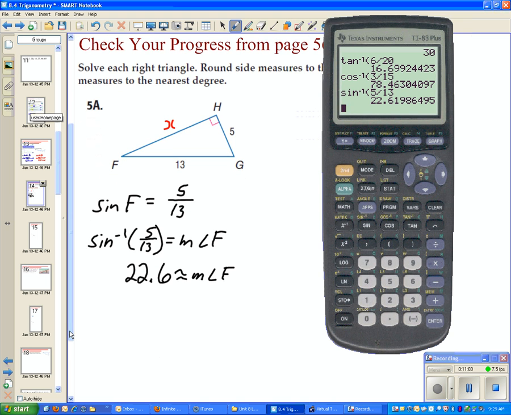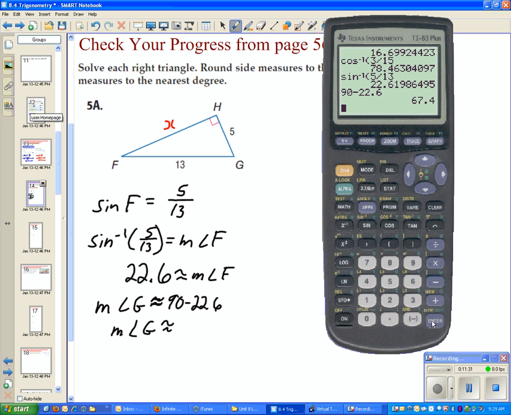Remember how we talked about the acute angles in a right triangle are complementary? So can't I just subtract 22.6 from 90 and get angle G? So the measure of angle G is approximately 90 minus 22.6. So the measure of angle G is approximately 67.4. So I found angle F, found angle G.